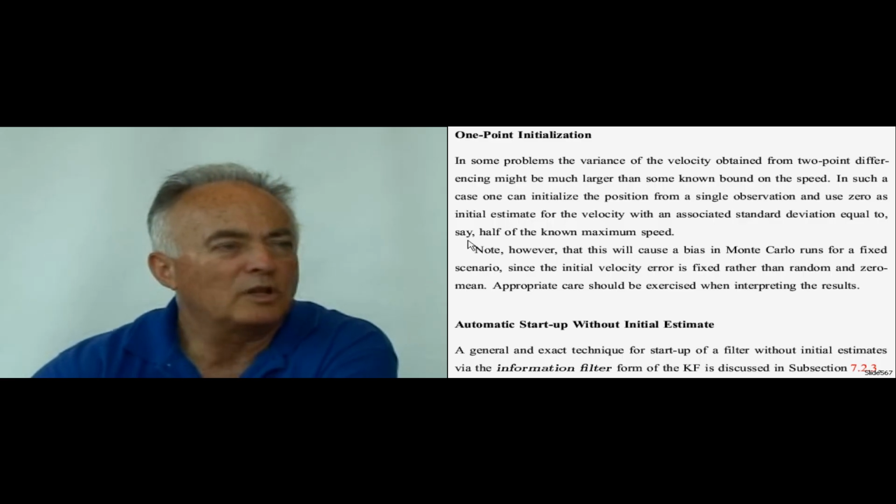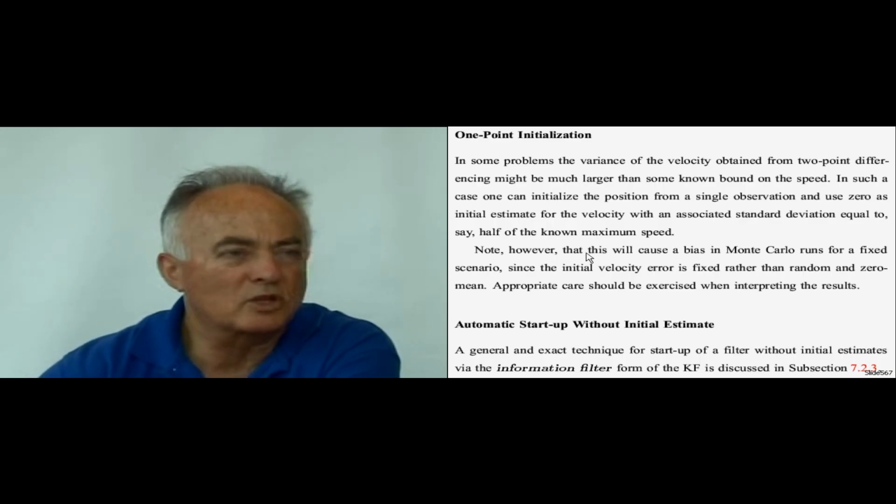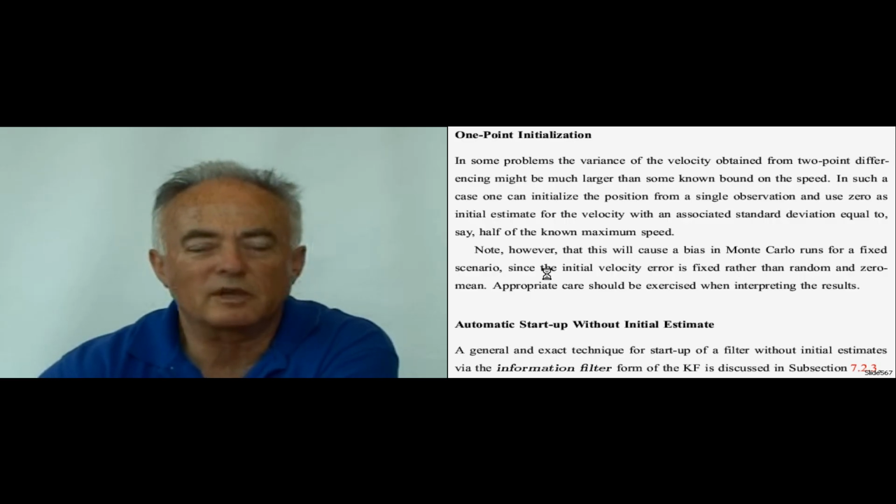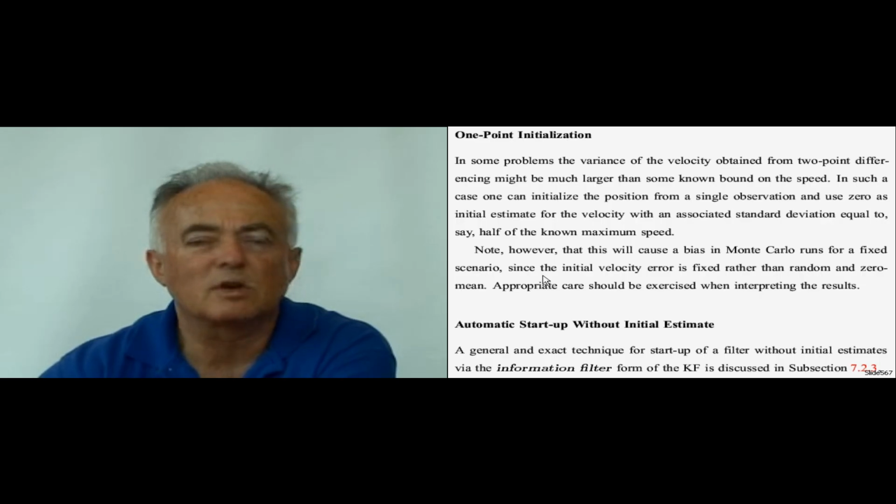But what this does is it will cause a bias in the Monte Carlo runs, because you have a fixed scenario and a fixed initial estimate. So now whatever you have is going to be starting always from the initial condition that is fixed for the scenario, and the same initial estimate for the velocity.